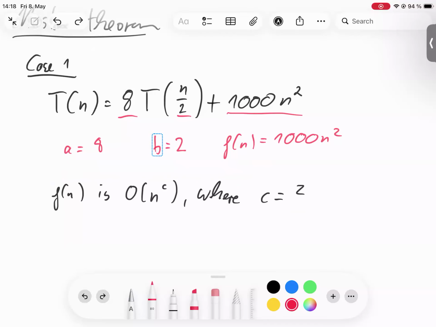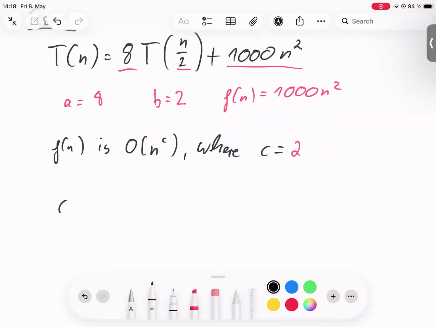Got a few answers. So c is 2. And to see that we are really in case one, we need to calculate the critical exponent. So c critical is log base b of a.